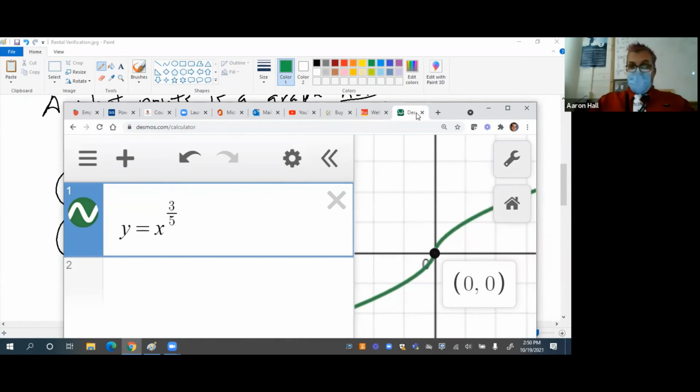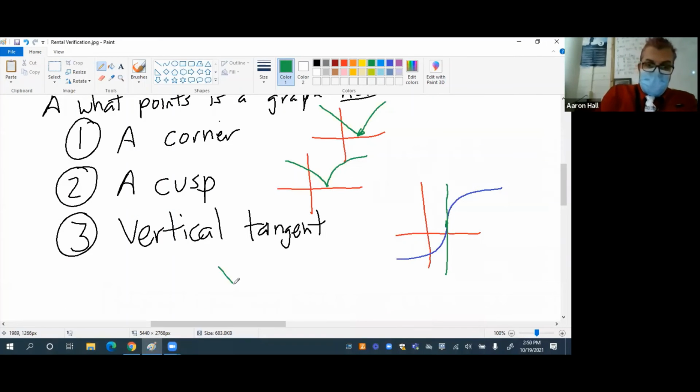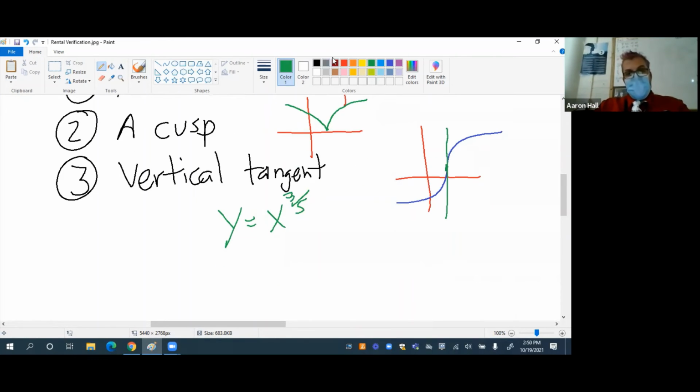X to the power of 3/5. Let's see algebraically, if I have y equals x to the power of 3/5, how would I use the power rule for this one? What's the rule for the power rule? Do you guys remember the power rule?